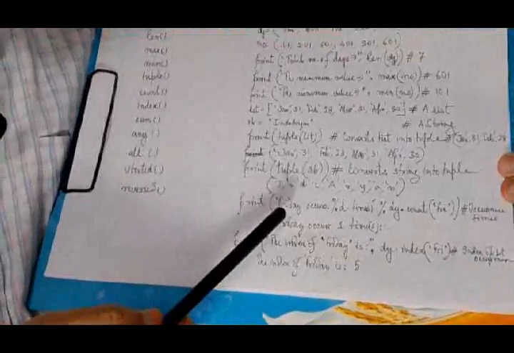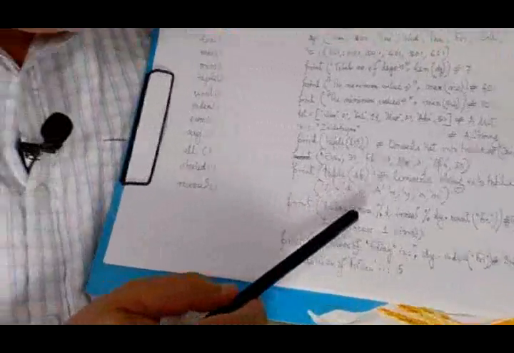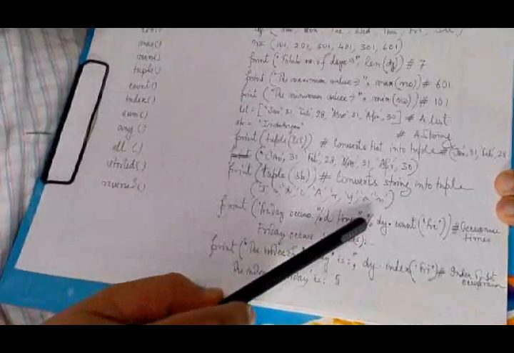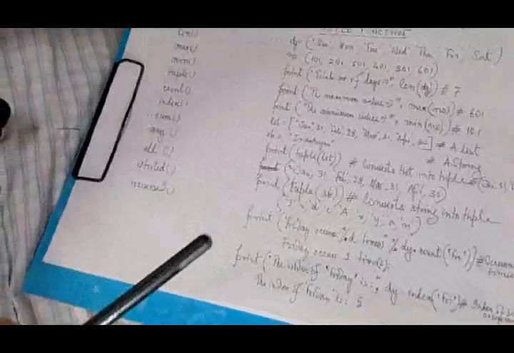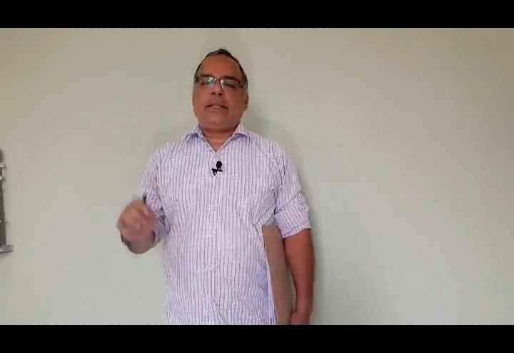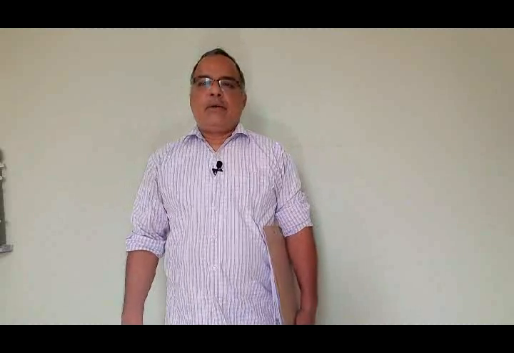Then count, it's very easy. Print Friday occurs this many times, in a specific value. How many times a specific value is present in the tuple, count does that.